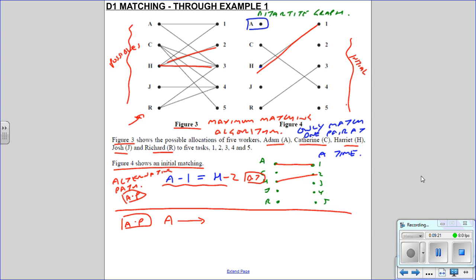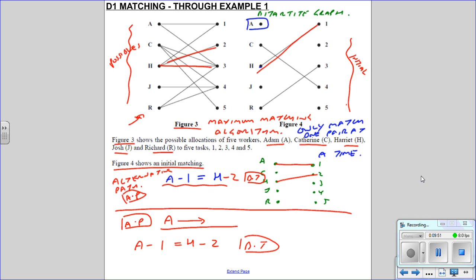So I'm going to fill that in a second. So A to that, we start off with A, we went to 1, and let's be clear what these signs mean then. That dash meant A is currently to 1. Or I'm putting A to 1 now, okay? So A is to 1 now, but 1 is equal to Harriet, which means Harriet is now going to go to 2. Do you see? This was our breakthrough, so I'd write B.T.